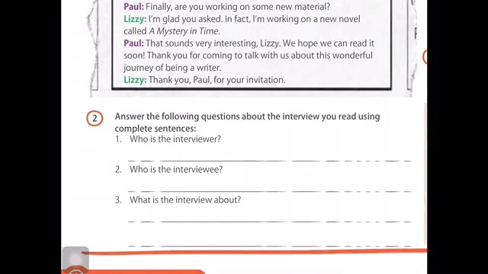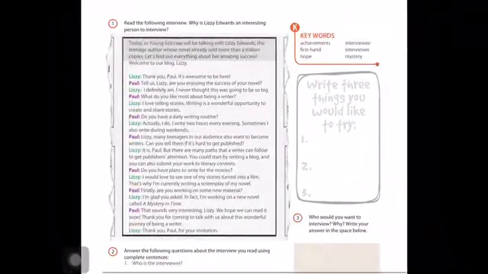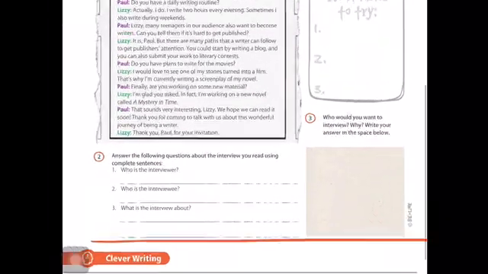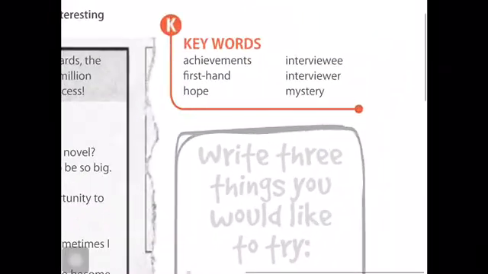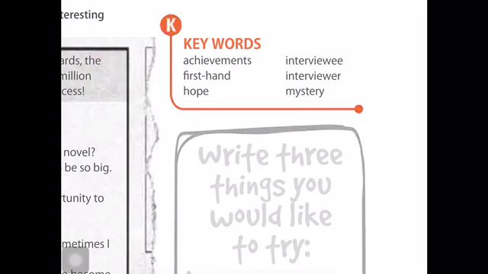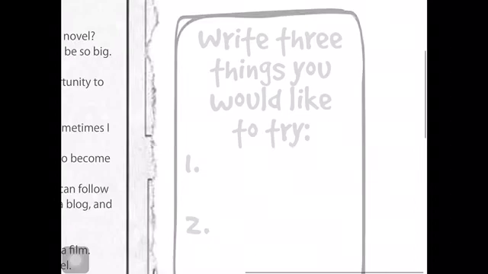Who is the interviewee? The interviewee is the person who is being interviewed. And finally, what is the interview about? What is the main topic? That's what you have to write on exercise number 3. Let's go. The keywords are achievements, first-hand, hope, interviewee, interviewer, mystery. Okay?